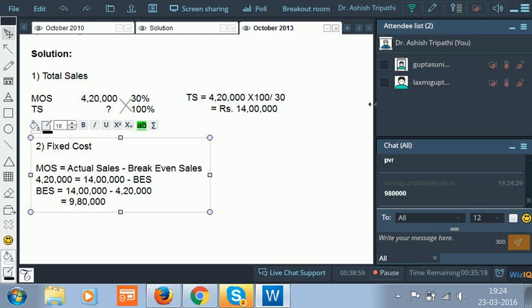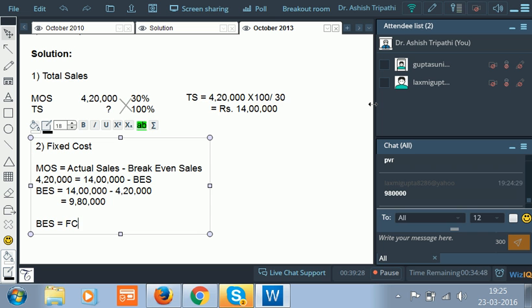But this is not our answer of the second part. The second part is about fixed cost. We will have to calculate fixed cost. So now we got break-even sales, and we know the formula for break-even sales. The formula for break-even sales is fixed cost upon PV ratio. We have break-even sales, we have PV ratio, but we don't have fixed cost. So with the help of that, we will be able to calculate fixed cost.